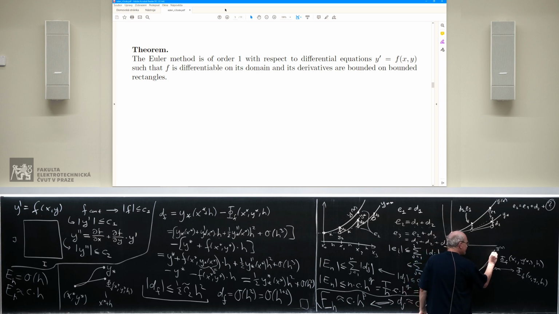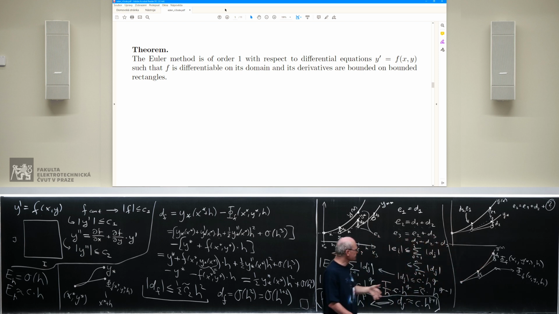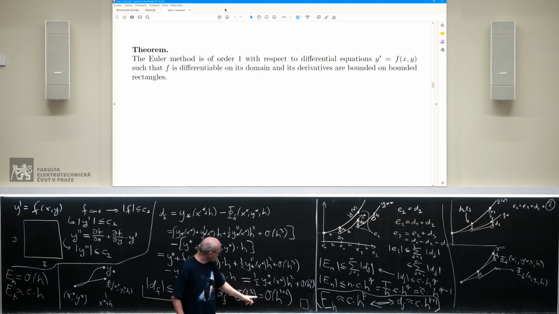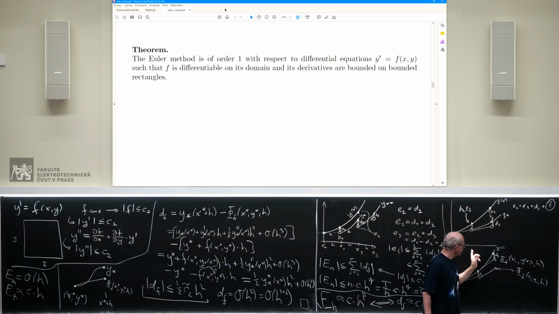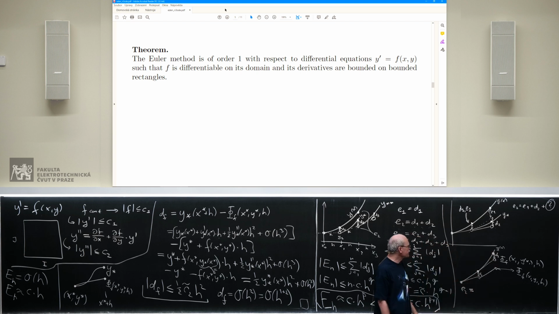And here I have a local error d2, and this error d2 is local, which means it also depends on the starting point, so this d2 may be different from this one. I don't know, but I still have it under control because I have a general estimate. For instance, here I have an estimate that d2 is O(h squared), and that's what really matters. So the distance E2 that I can see over here now consists of two components.